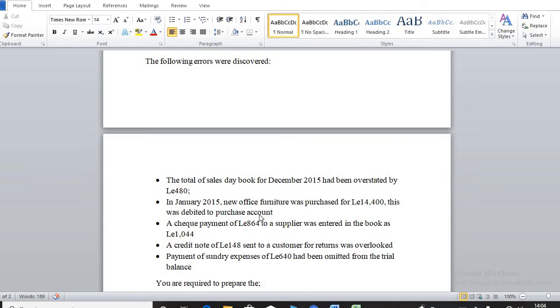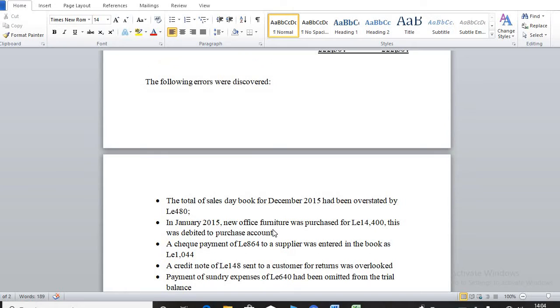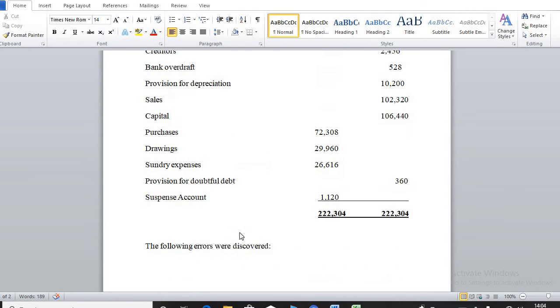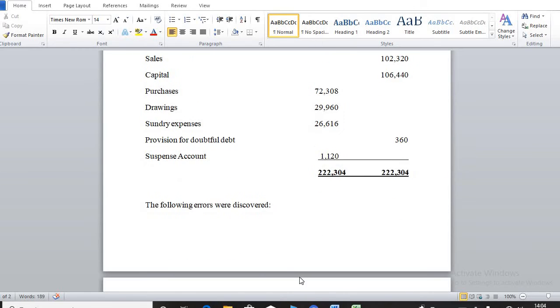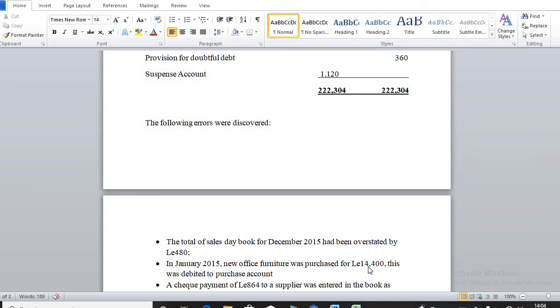So from the question, you could see that an expenditure was incurred on office furniture. It has to do with capital expenditure, and it's an asset. And instead of recording it in the asset account, it was rather recorded in the purchases account. So the purchases figure that you see here, which is 72,308, has been overbloated by an amount of 14,400, which has to do with office furniture.